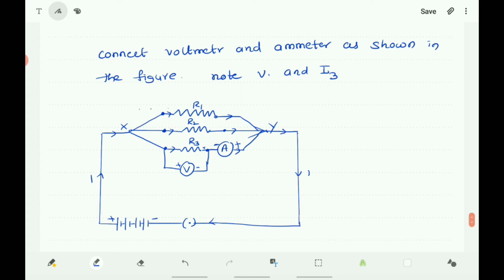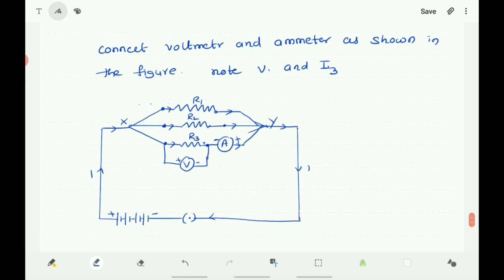Plug the key and note down the reading, and this time also the ammeter shows a different reading. Let us consider the current at this time to be I3, and the voltmeter shows the same potential difference, that is V only. In this way you got the reading I3 from the ammeter and potential difference V from the voltmeter.